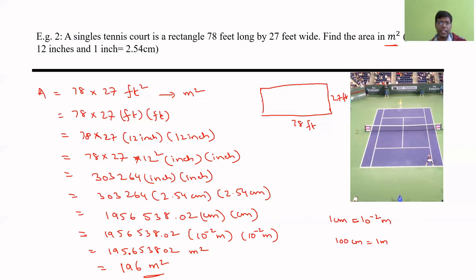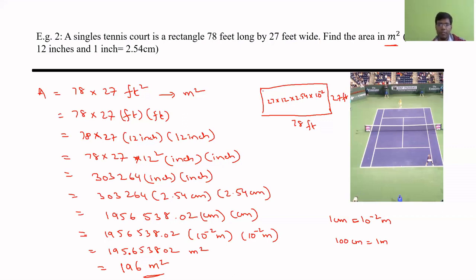As I mentioned, you can either solve this question this way, or you can convert this 27 feet into meters here itself. So this will be 27 multiplied with 12, these many inches, multiplied with 2.54, these many centimeters, multiplied with 10 power minus 2.